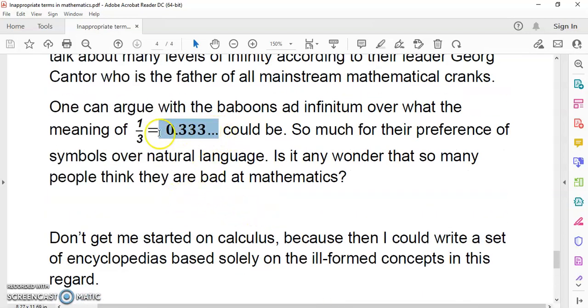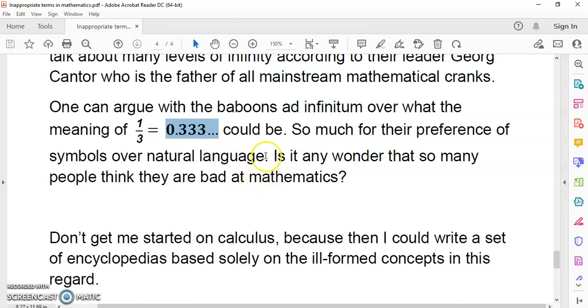Going back to this example here, mainstream academics will tell you many different things. They'll say that it's a limit, that it means 3/10 plus 3/100 plus 3/1000, etc. Others will say, no, it means 1/3. But 1/3 has a very rigorous representation as 1/3. So this here is an attempted measure of 1/3 in base 10, which, by the way, the most important theorem in number theory says cannot be done.